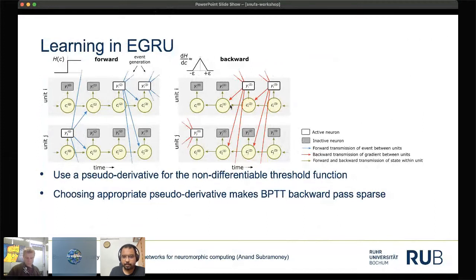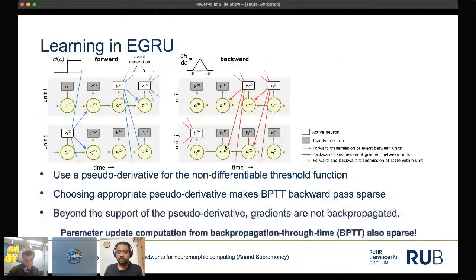So we only need to backpropagate through the units that were active and some units that were not active but had an internal state within this region. So not only is the forward pass sparse, but the backward pass is sparse as well, which provides a huge advantage in terms of efficiency, as you can imagine.